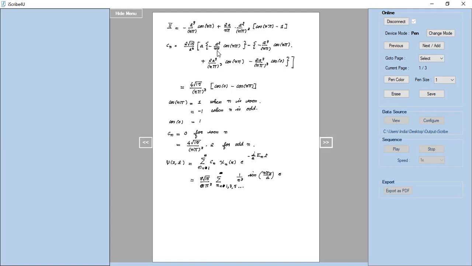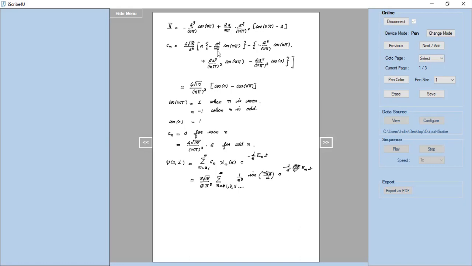E to the power of, now here you will have minus i by h cross, and then you will write down your En values. So what were your En values? I keep forgetting this. You are supposed to remember this, and your ma'am has forgotten. I can sit and derive it again, but that is not the idea.